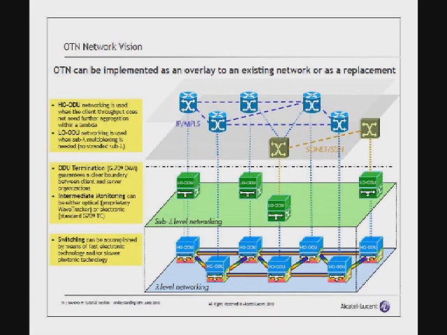Then you can aggregate them up into higher order OTNs, 10 gig, 40 gig, 100 gig, and put them on the DWDM network within the wavelength.